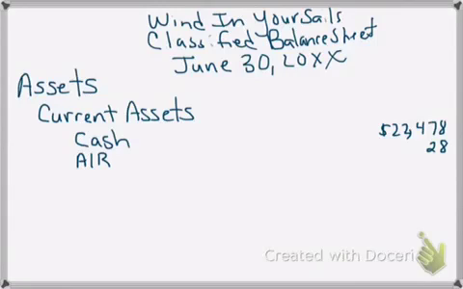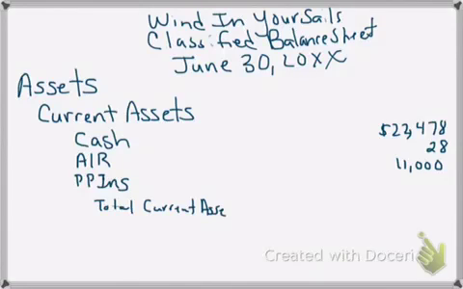And we're going to have our prepaid insurance, which is going to be at $11,000. We then will get a total for our current assets. And the total for current assets, let's look at that real quick. It's going to be $33,506.